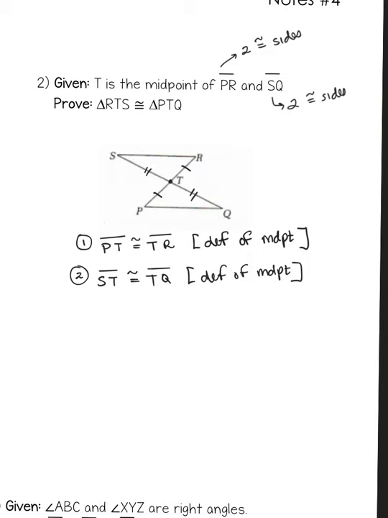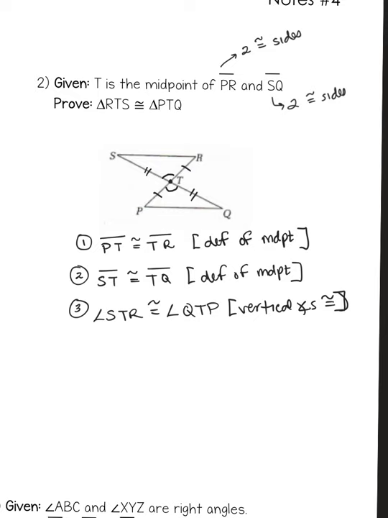Looking at my diagram, I can tell that I have a pair of vertical angles here. So the last thing we're able to diagram is that angle STR is congruent to angle QTP because vertical angles are congruent. So I have three congruent statements.